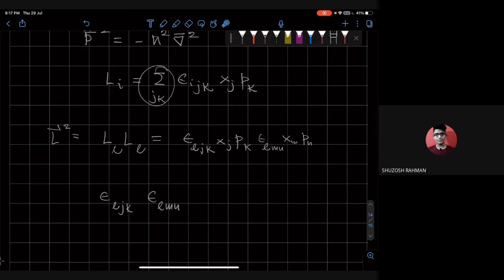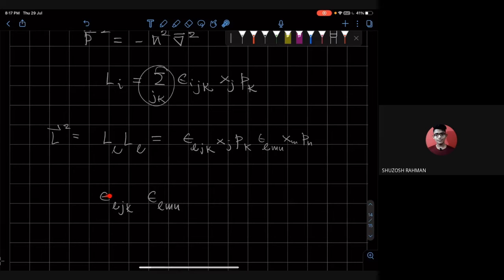But other than that, this expression is antisymmetric in j and k, and this expression is also antisymmetric in m and n. But the product is either 0 or 1.